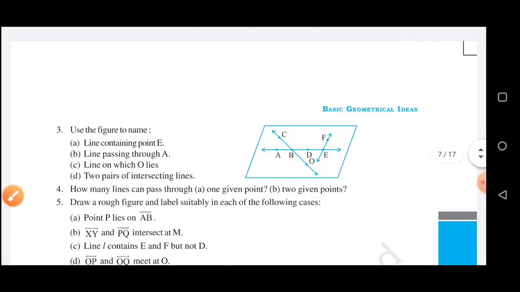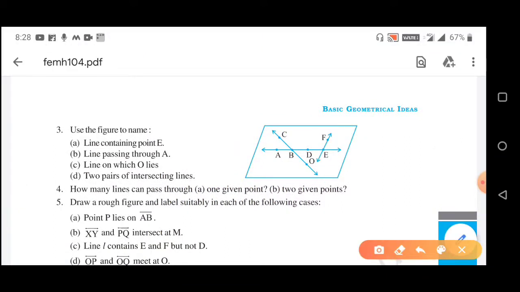Question number C, use the figure to name a line containing point E. So we can write the name of the line as AE. Here we have to give a two-sided arrow above AE.